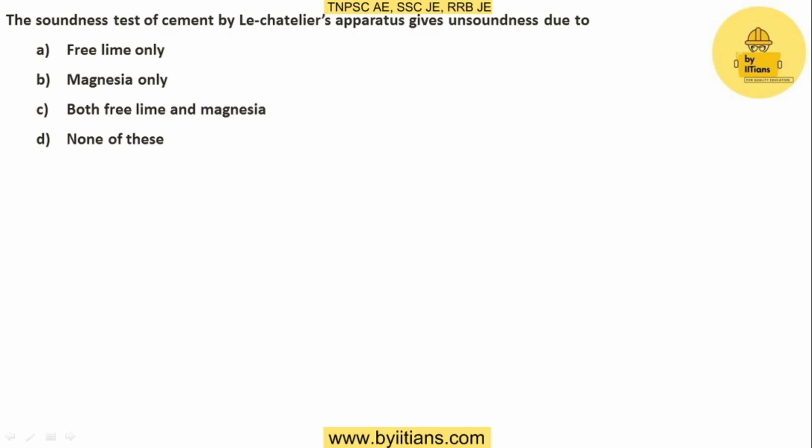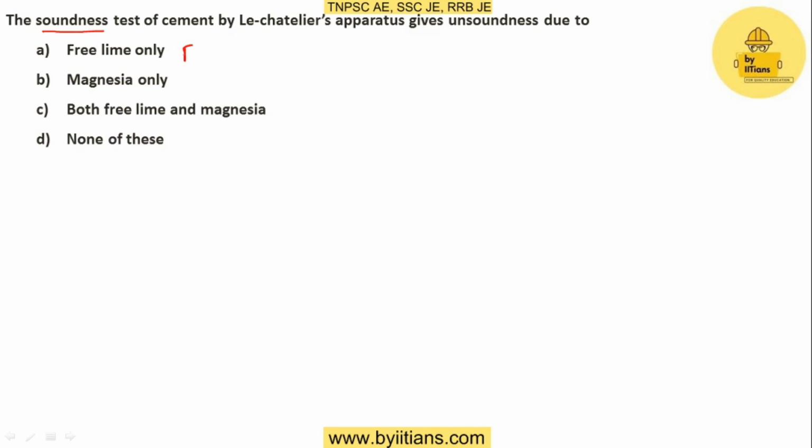The soundness test of cement by Lee-Chatelier's apparatus gives unsoundness due to free lime only, magnesia only, both free lime and magnesia, or none of these. Here, soundness is a property of the cement. For example, if you add water to the cement, it will get hardened at one point of time. While hardening, it will try to expand.